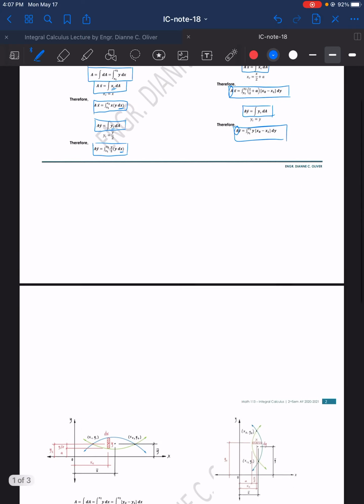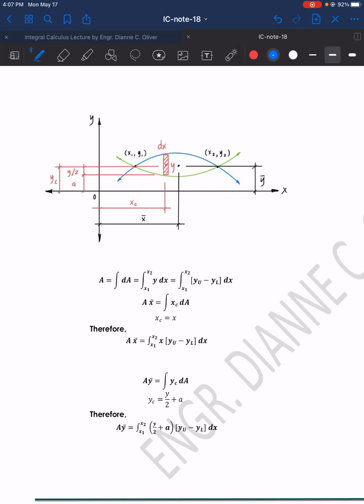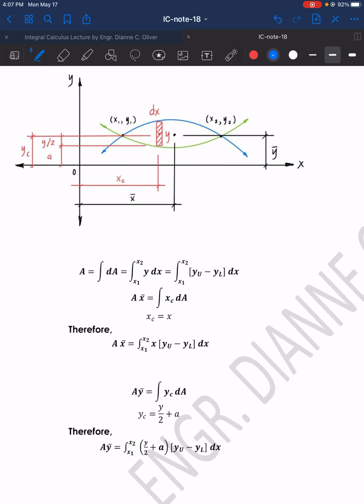Now how about if we have this kind of figure? The area bounded by two curves. The first curve is the blue curve here. The second curve is the green curve here. For the area bounded by the two curves, again, we will just compute for the area first using this formula. Area is equal to the integral of the area strip.